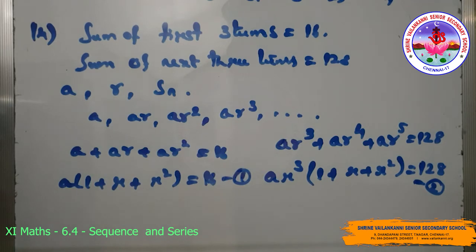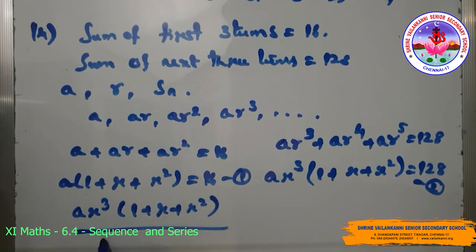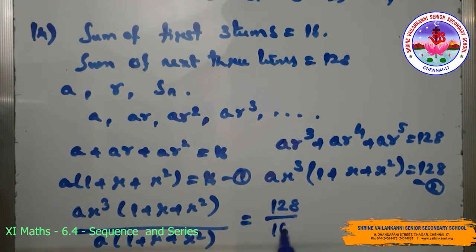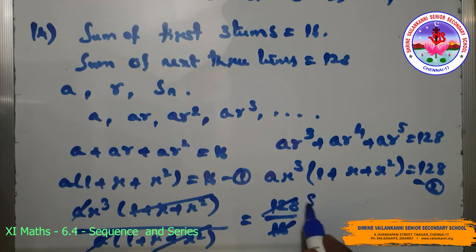So dividing equation 2 by 1, AR cube into 1 plus R plus R square whole by A into 1 plus R plus R square, which is equal to 128 by 16. So cancelling this and A, we get R cube equal to 128 by 16, which is 8. So R cube is 8, which is 2 cube. So R equal to 2.